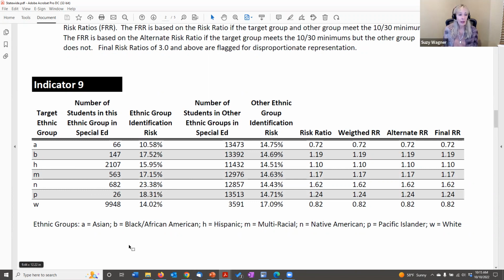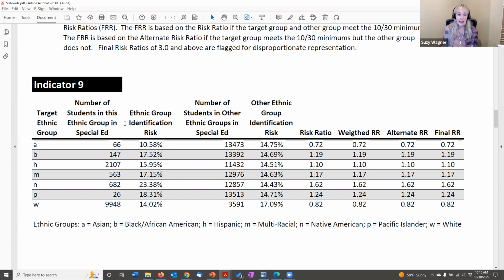So for example, let's look at Native Americans. There were 682 Native Americans who were identified for special education in 2021-22. And if we look at their enrollment, it comes up to 23.38% of enrolled Native American students in K-12 who were identified for special education.